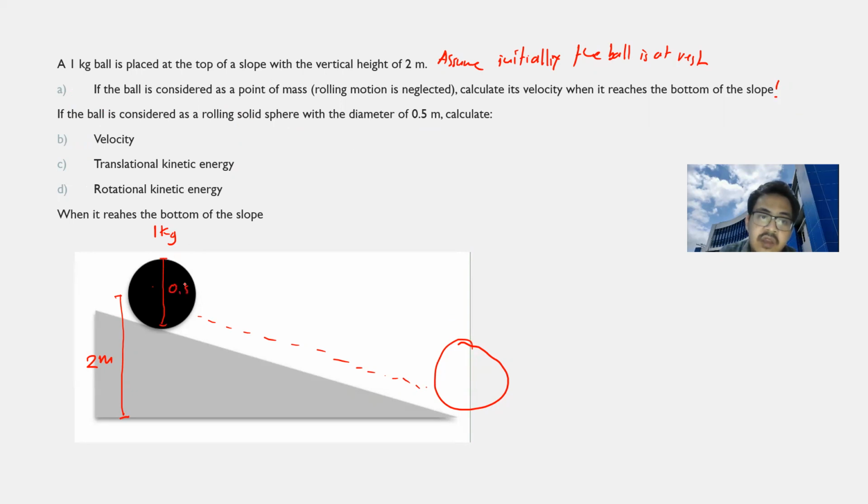If we consider this ball rolling, not sliding like before, please calculate the velocity and calculate the kinetic energies, both translational and rotational.